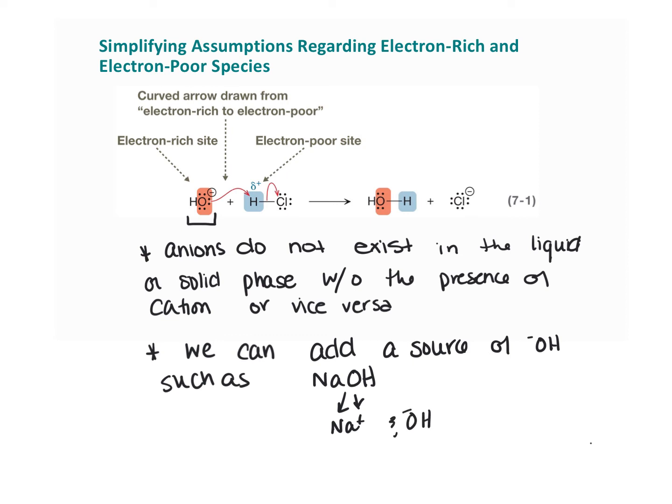Dealing with sodium hydroxide, rather than just OH minus, may at first seem to complicate the picture because Na plus is electron poor, and so we would automatically think that sodium would react with an electron-rich site of another species. As it turns out, sodium behaves here as a spectator ion. That just means it's not going to take part in a chemical reaction in solution, just like we learned in general chemistry. So sodium's not going to affect this reaction in any way. It's why, if you need a source of hydroxide, sodium hydroxide is a good source to add.